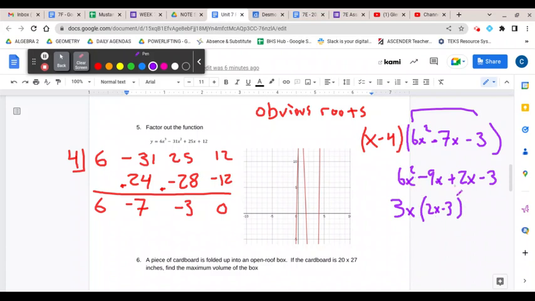And then what multiplies into 2x and negative 3? Well, the only thing that does is 1. So 1, and then we're also left with 2x minus 3, which is what we're supposed to have.